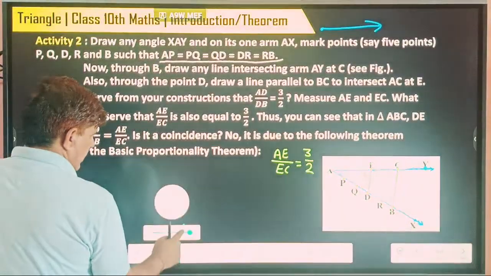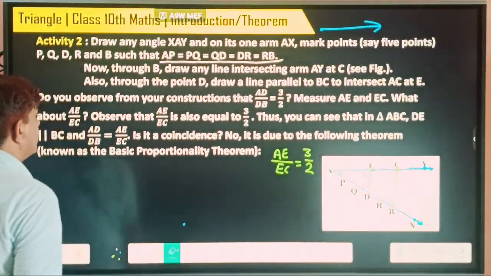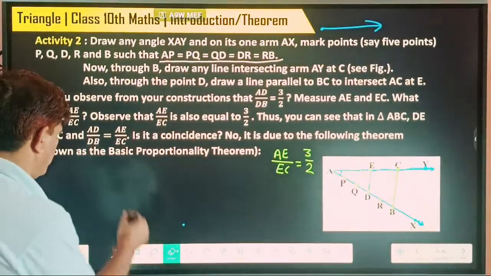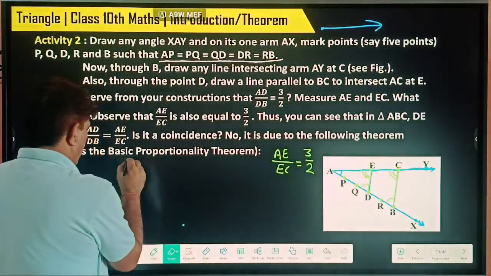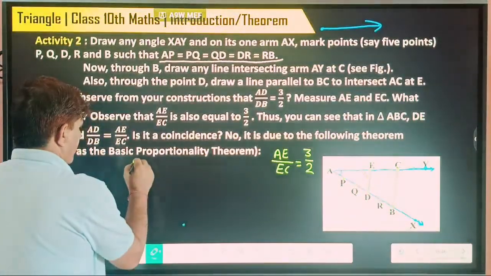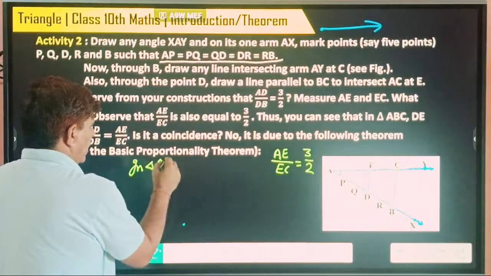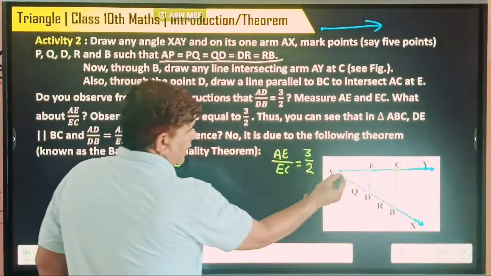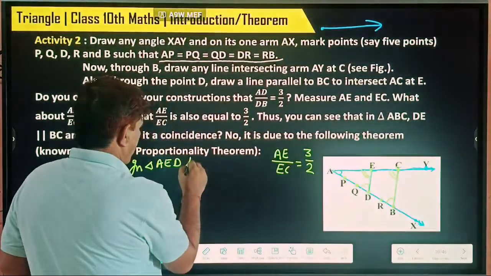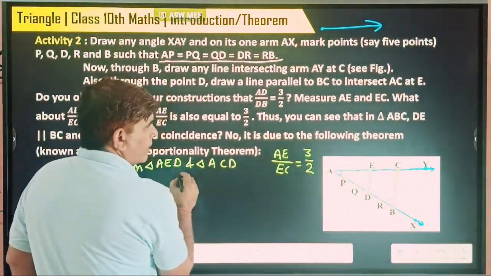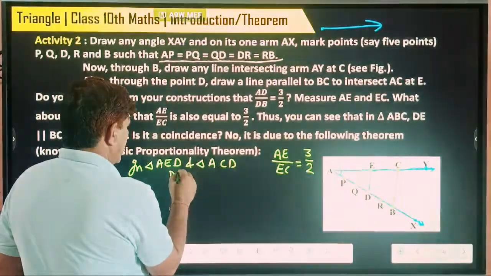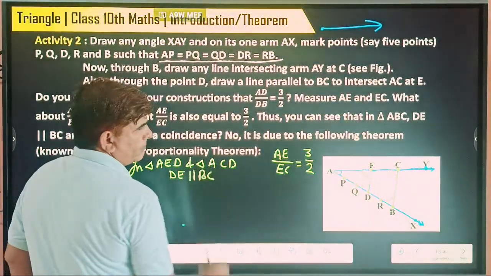In this triangle, I already told, in triangle AED and triangle ACB, DE is parallel to BC.